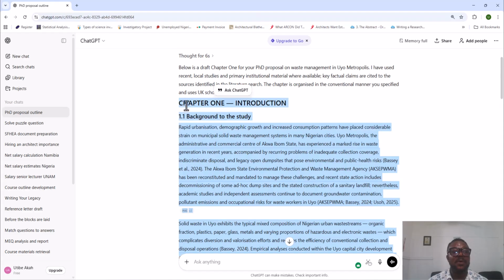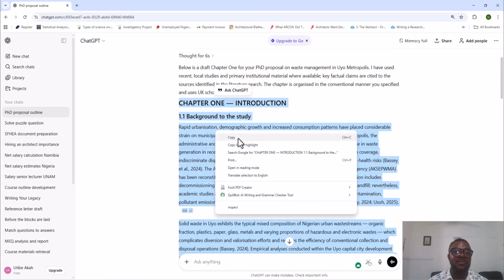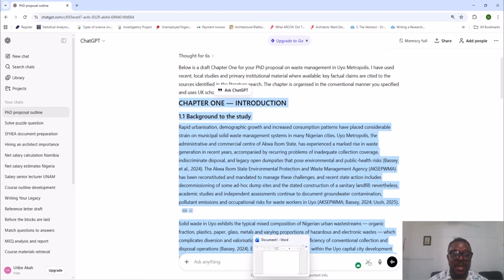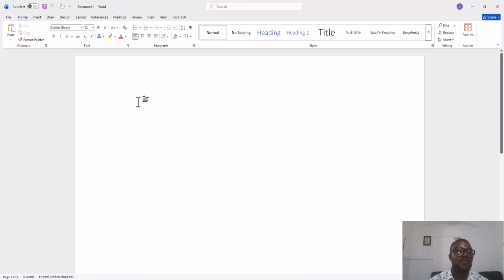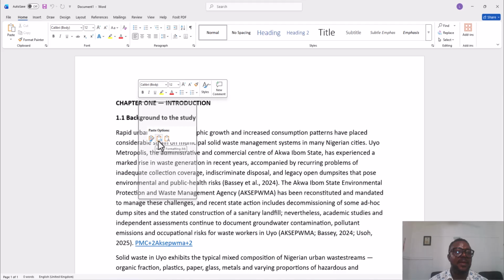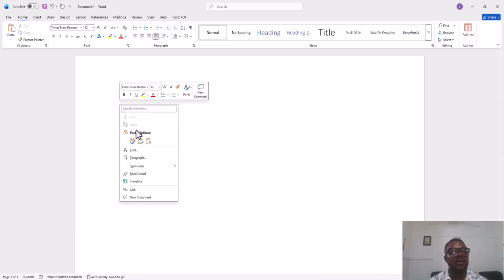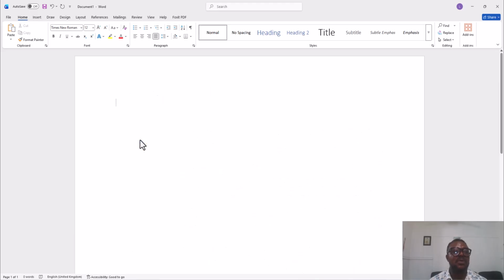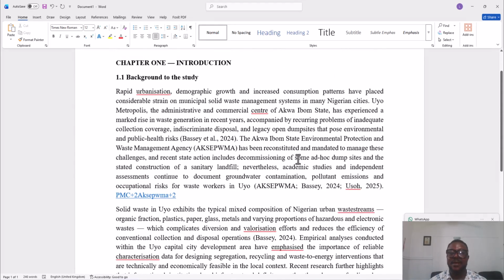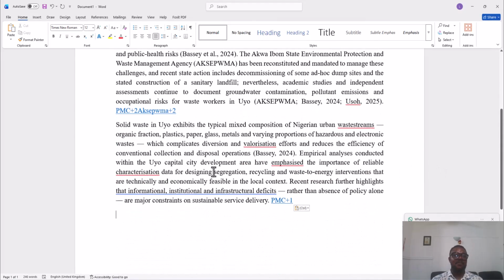I'll copy chapter 1, background to the study, out from ChatGPT, and I'll move to Microsoft Word, and I drop it there. But that doesn't make it original. Remember, there are settings for the kind of font or whatever formatting that you might have to do, but you can always do that afterwards. So we paste this here, and this is directly from ChatGPT.